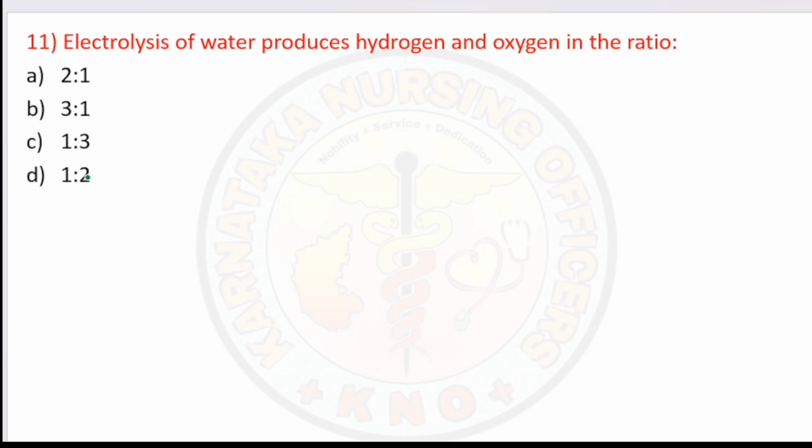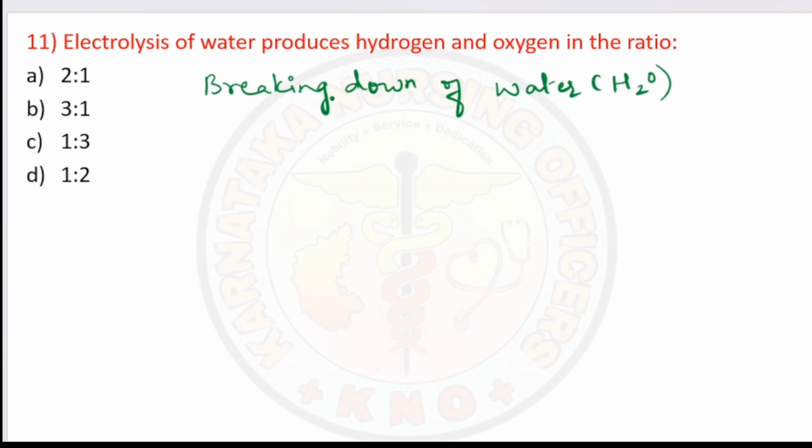Before going to the answer, we should know what electrolysis of water is. Electrolysis of water is nothing but breaking down of water, which is usually represented by H2O, into hydrogen and oxygen.